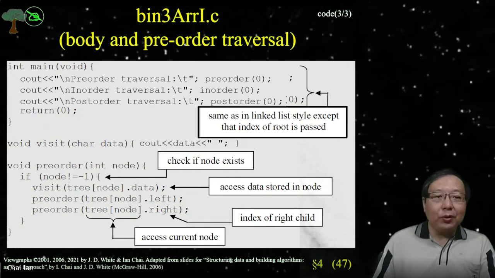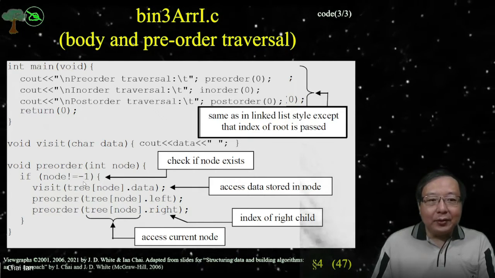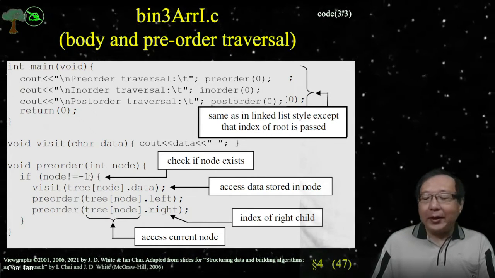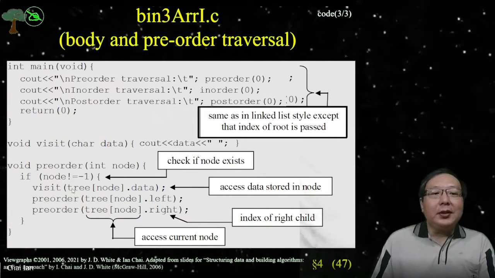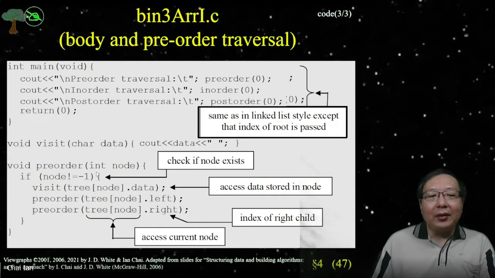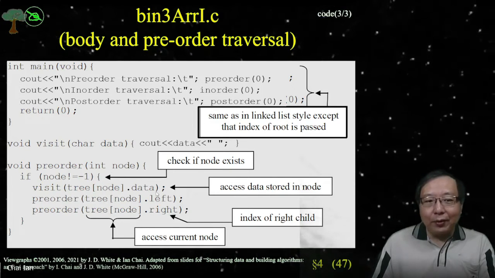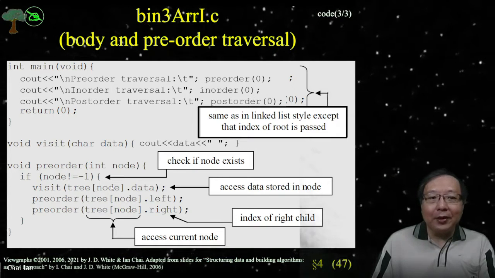It's no leaf there. If node is not equal to -1, then we do the visits. If node is -1, then we know that there is no leaf there, so we stop. So visit prints tree[node].data instead of the pointer arrow data, because it's an array.